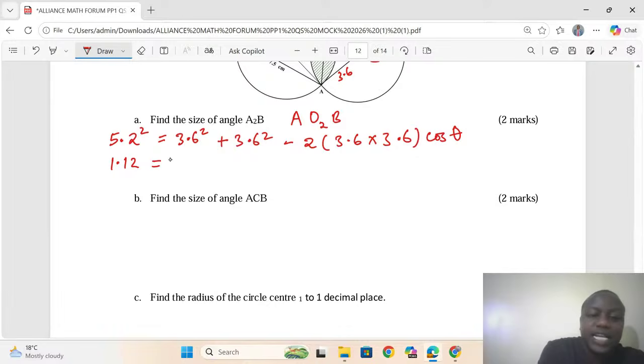So I'm getting a negative at this point, 25.92, the cosine of theta. So to get the cosine of theta, we divide 1.12 by negative 25.92.